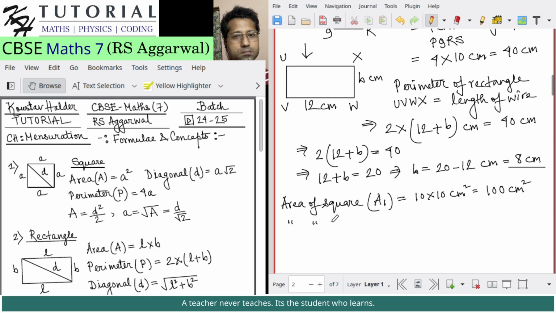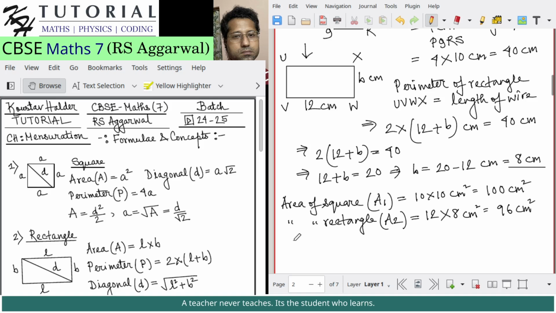And the area of the rectangle, let's say A2, is equal to length which is 12 and breadth is 8, so 12 times 8 centimeter square, which is equal to 96 centimeter square.